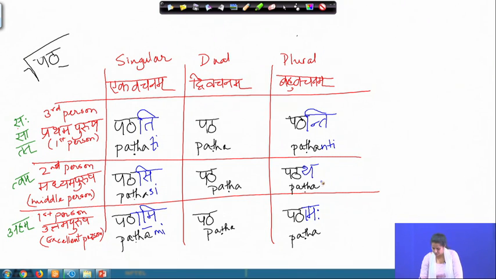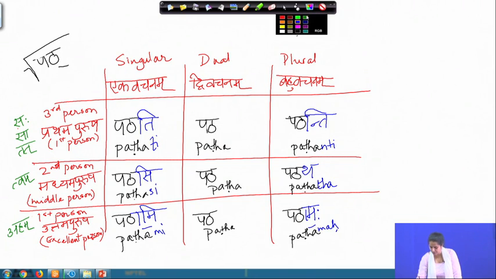Tvam pathasi becomes pathatha. You see, there's no dot going under there. And then aham pathami becomes pathamaha. All right, let's put the dot under there. That's it. Fine.